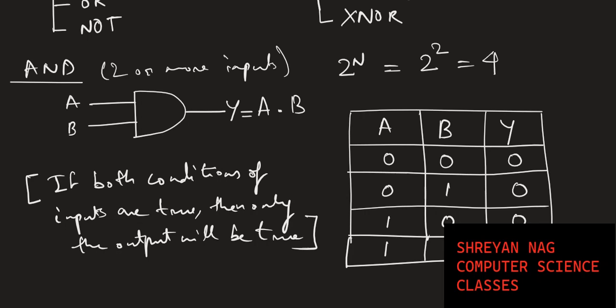How do we define true? 0 stands for false, 1 stands for true. So if both the inputs are true, then only the output will be true; if any one of them is false or both of them are false, the output will be false.